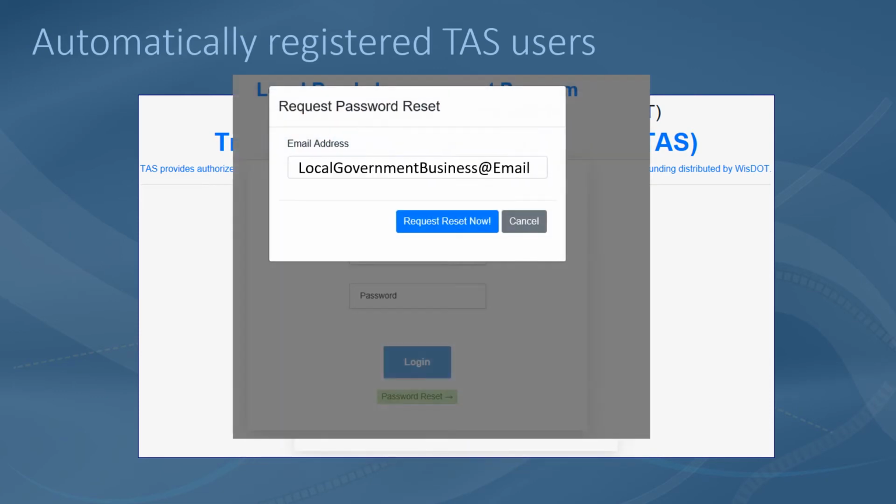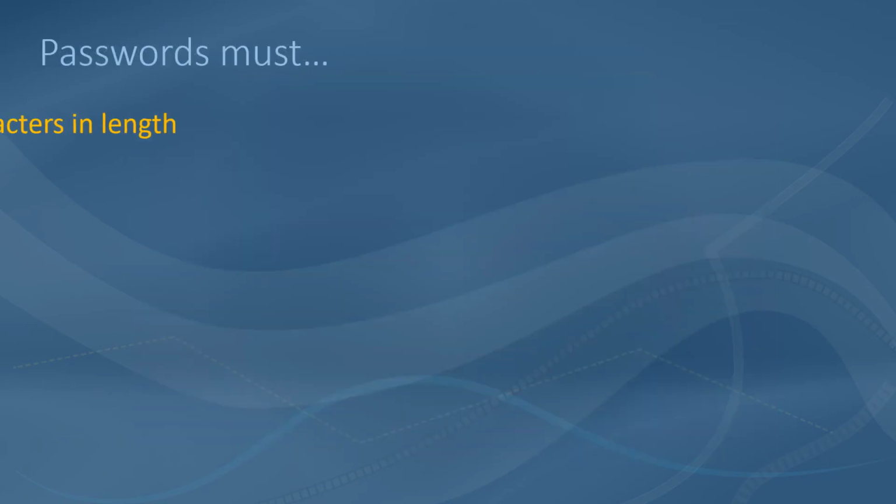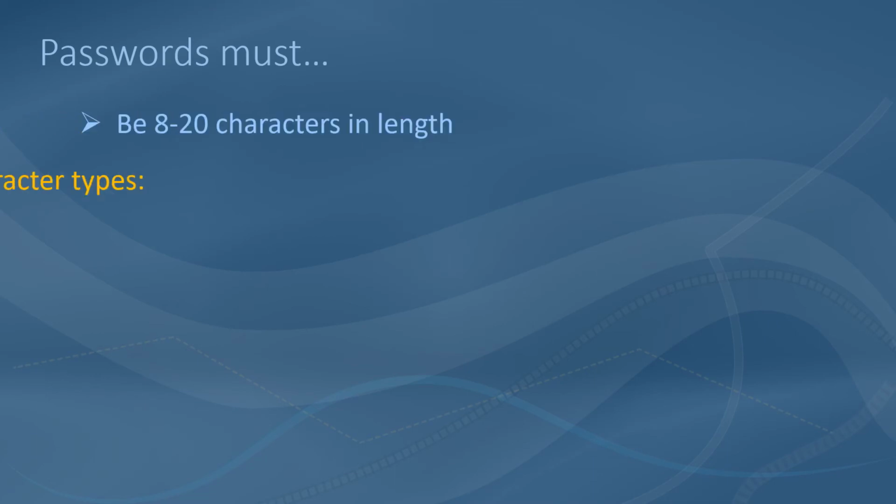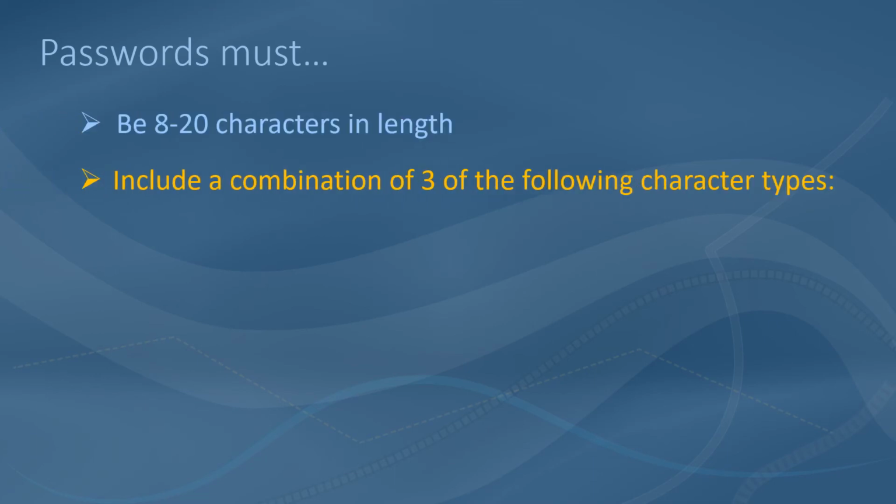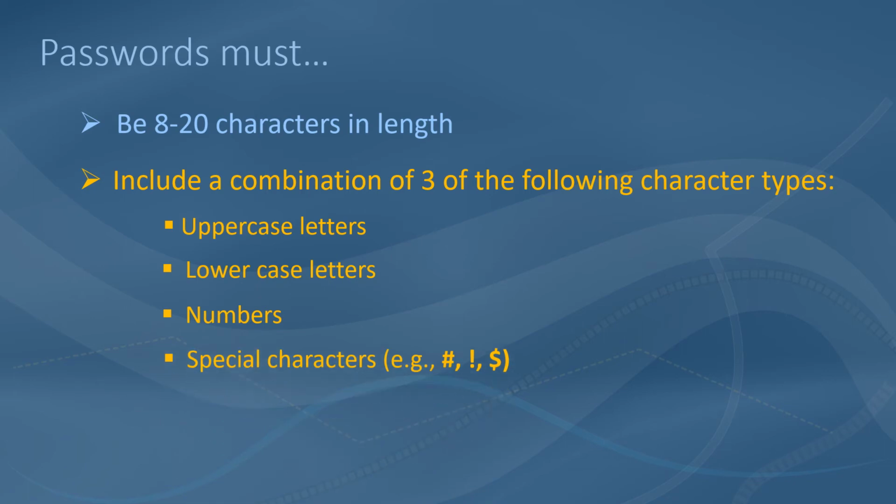Simply enter your email address and click the Request Reset Password button to receive an email with a link to create your password. Passwords must be at least 8 characters in length and include a combination of at least 3 of the following 4 character types: uppercase letters, lowercase letters, numbers, or special characters such as the number sign, exclamation point, or $ sign.